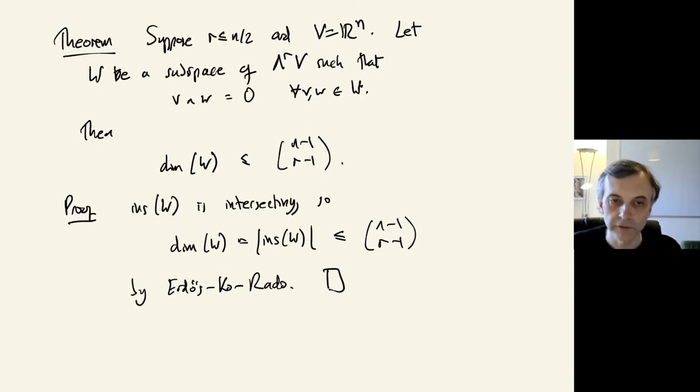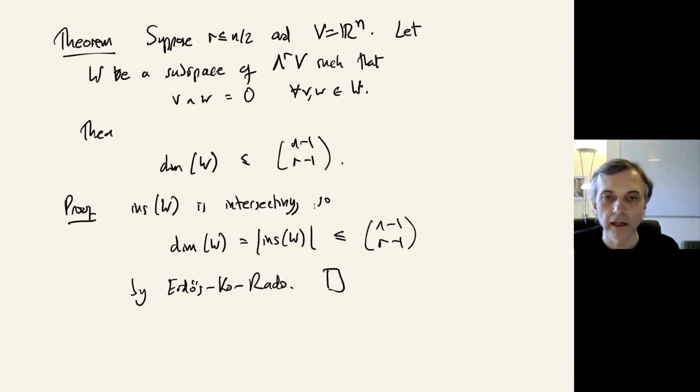Okay, well, the dimension of W, remember that it preserves size. So the number of sets in the intersecting hypergraph is equal to the dimension of W. But the Erdős–Ko–Rado theorem tells us that we can't have more than n-1 choose r-1 sets in our intersecting system. Okay, so it's a very, very short proof.